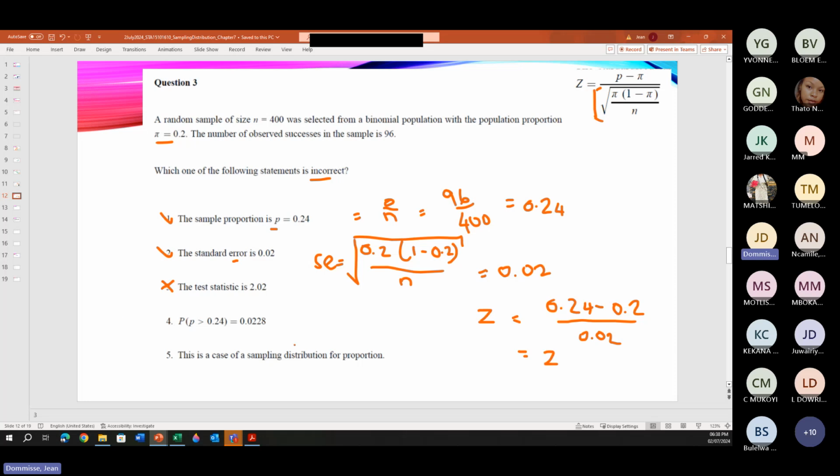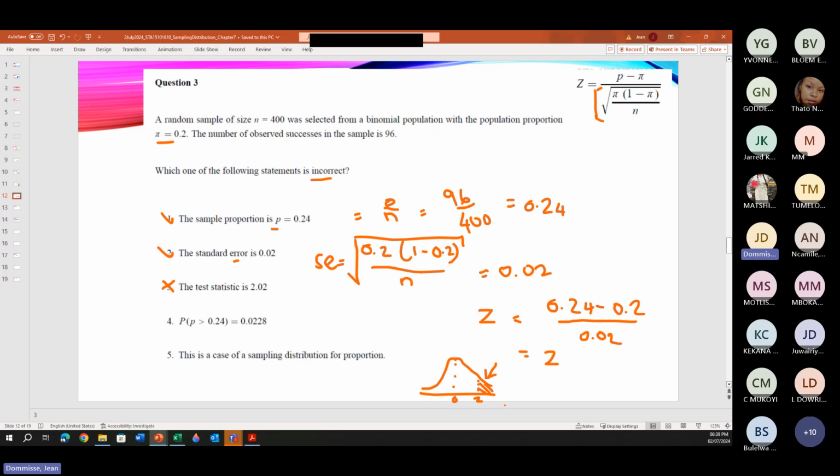But let's also work out the probability for your Z. The probability there, they told us bigger than the 0.24. Again, Z will be somewhere there, it is 2. So we're looking for that area that we need to look at.